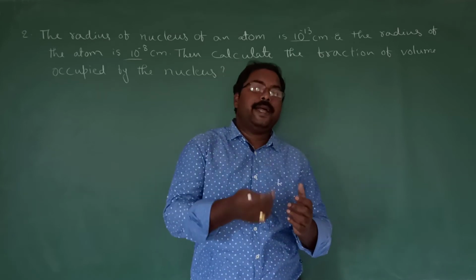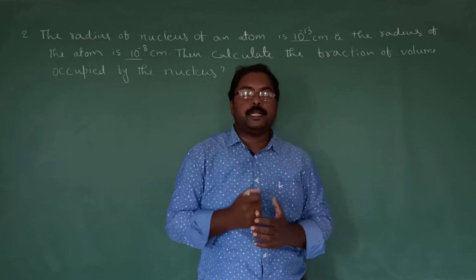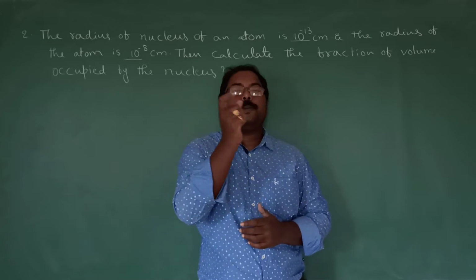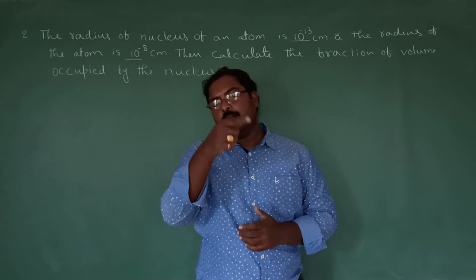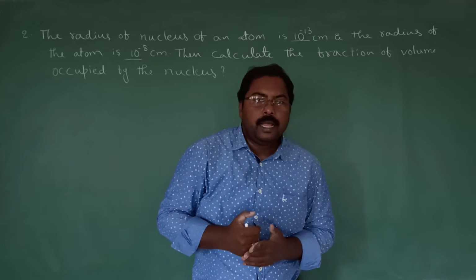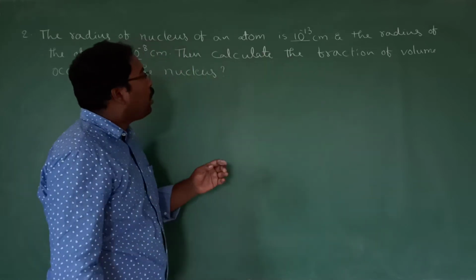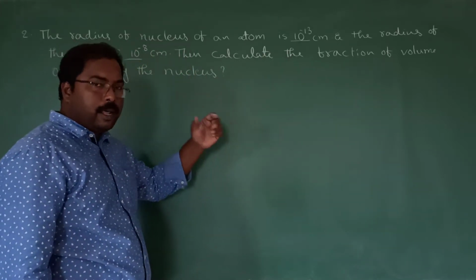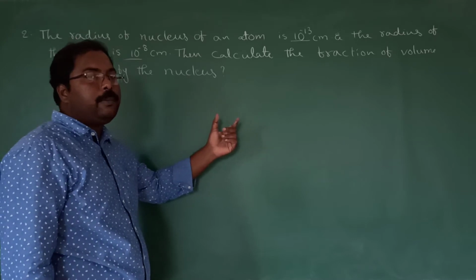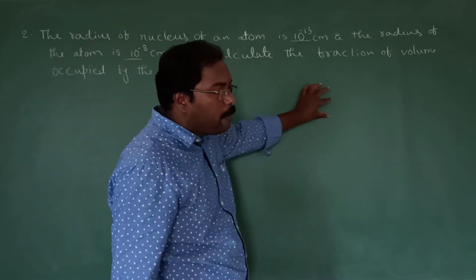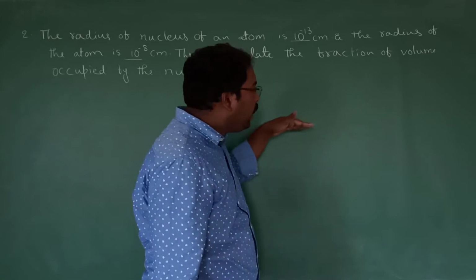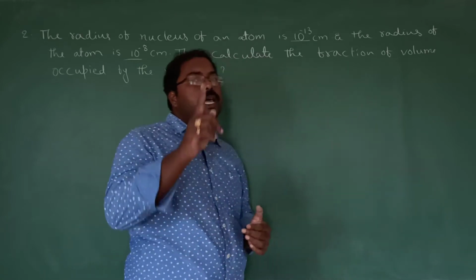How to find the fraction of space occupied by a particular sphere? Volume occupied by the sphere divided by total volume. So the fraction of space occupied by the nucleus is the volume occupied by the nucleus divided by the total volume of the atom.